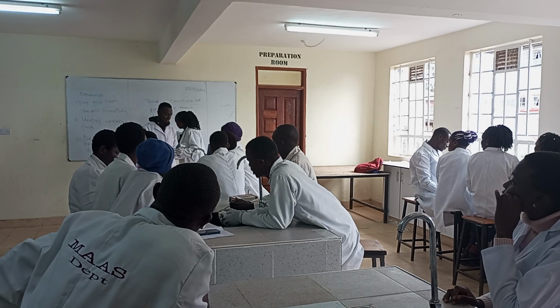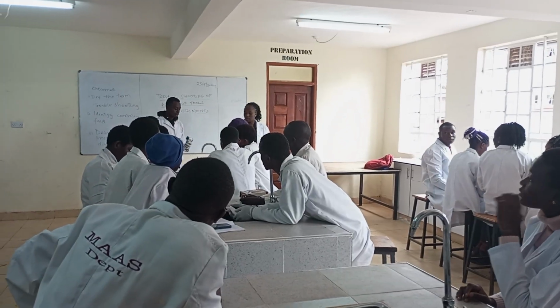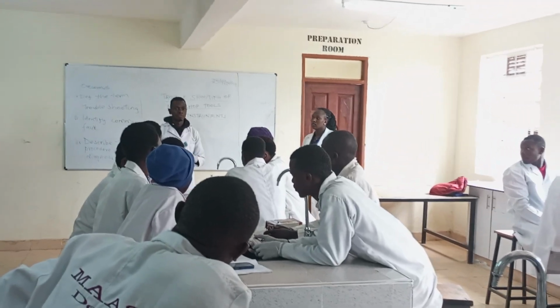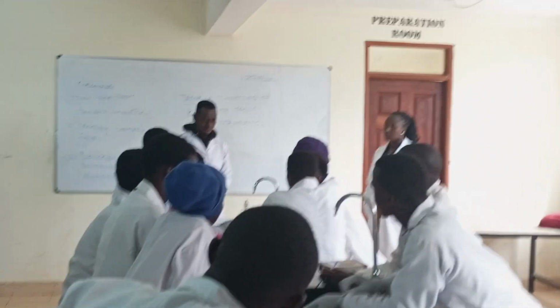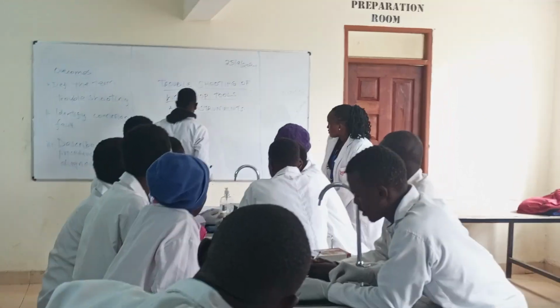For group 2, you are to use the gun thermometer. This gun thermometer operates by measuring temperature in Fahrenheit and Celsius by use of the infrared detector.